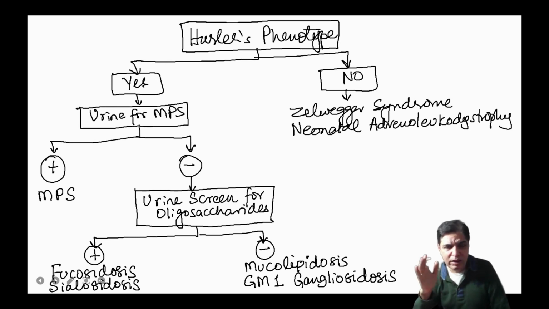If there is no Hurler phenotype, remember, no Hurler phenotype with visceromegaly, then you are either dealing with Zellweger syndrome or neonatal adrenoleukodystrophy. Again, I don't want to overwhelm you with what Zellweger syndrome is, what neonatal adrenoleukodystrophy is, and what enzymes are deficient in that.